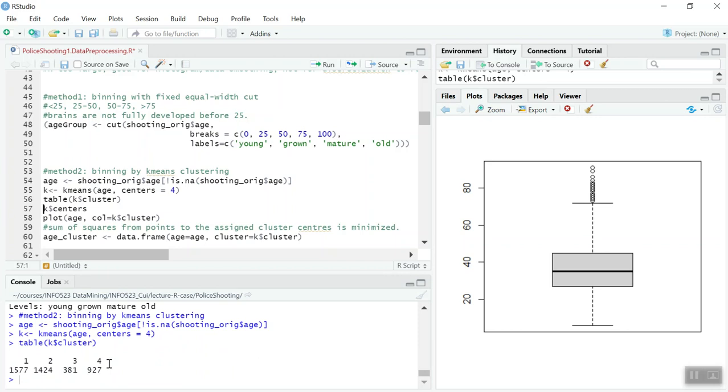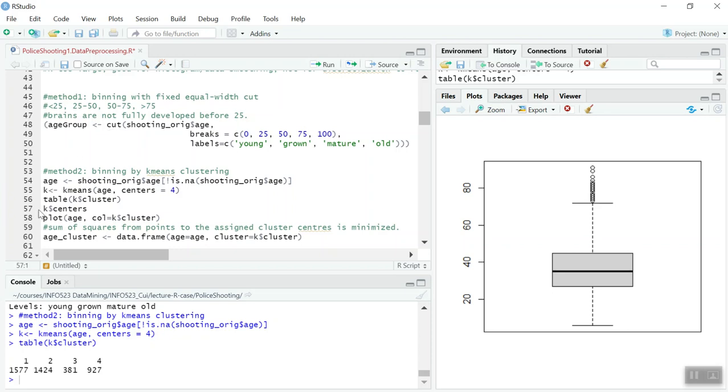As we can see, because the data was skewed, our k-means result is slightly different from the previous result.